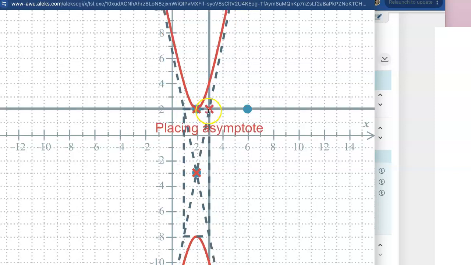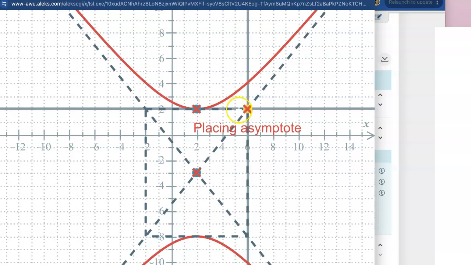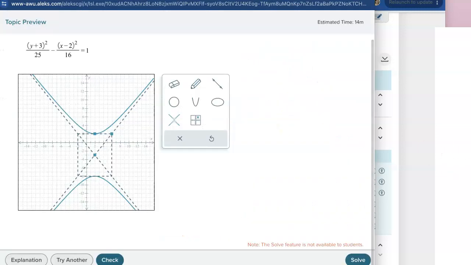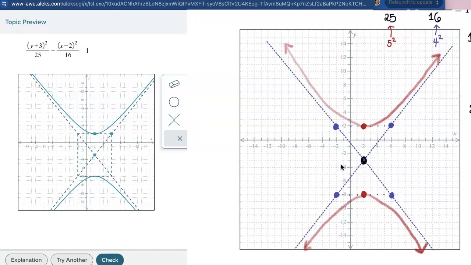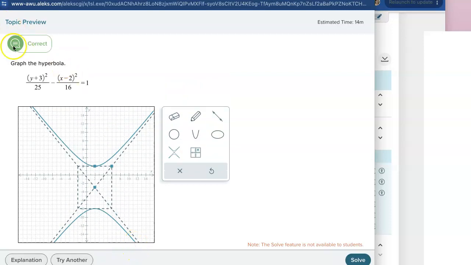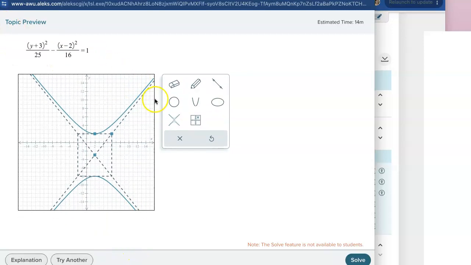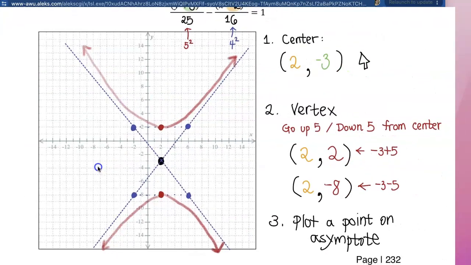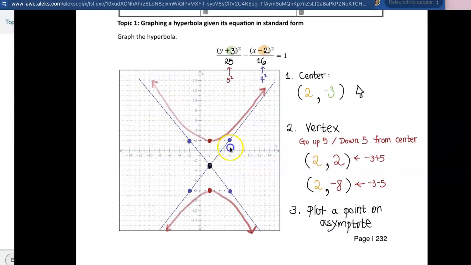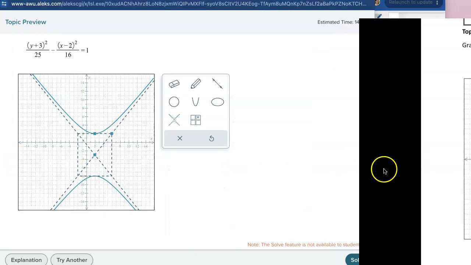So I'm gonna move this mouse and click on that circle right there. That's all. And voila, look at that. Looks the same as what we have here, right? So practice this. I'm gonna click on check. And that is how you can graph a hyperbola, okay? Either by hand, okay? Center, vertex, plot a point on the asymptote, and also using the tools in ALEKS, okay?